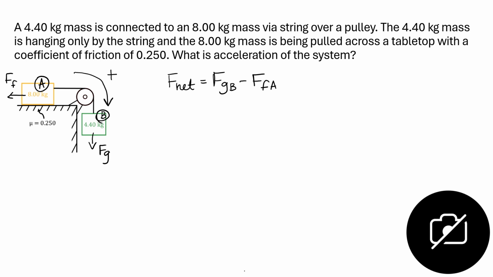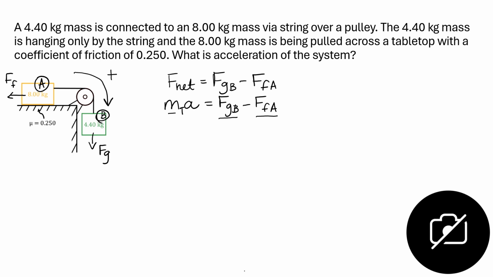So when I put ma here, the question is, is it an individual mass, A or B, or is it the entire mass? Hopefully you recall from the lab that it is the total mass. So that means we need the total mass here, the force of gravity acting on box B, and the force of friction acting on box A.